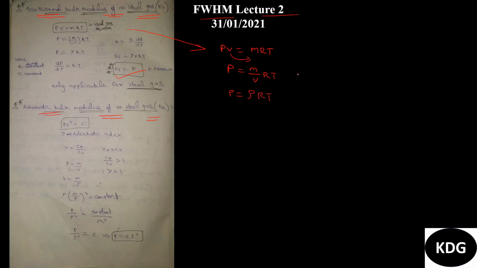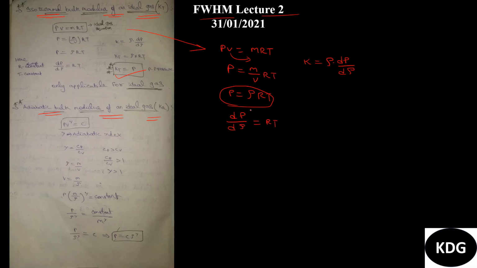In the last class we came to know that the bulk modulus K is equal to rho into dP by d rho. So if we do the derivative of this equation with respect to density, dP by d rho is equal to RT.